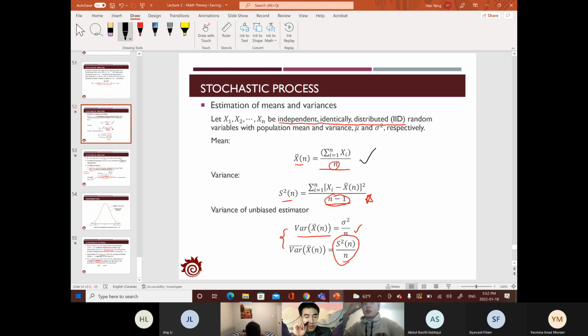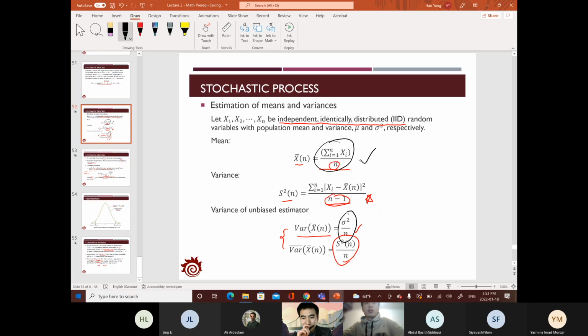So for a random variable, you can have the variance. If you do the derivation of this variance, you can get the first equation. If you really want, you can check the reading materials I shared with you. There will be detailed descriptions of how to get this equation.